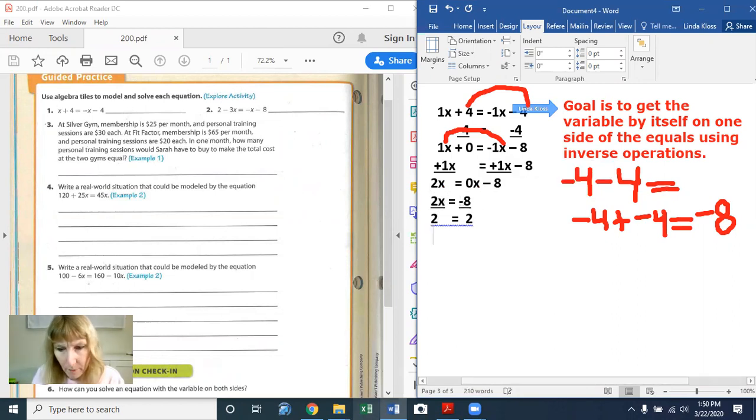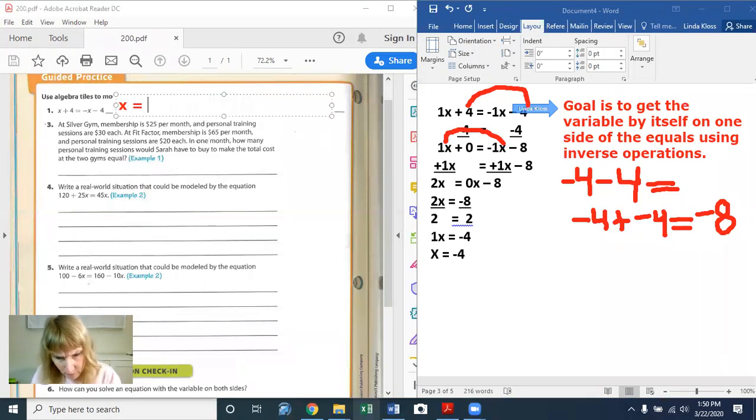So 2 divided by 2 is going to be 1x. And negative 8 divided by 2 is going to be negative 4. Drop the 1 in front of the x, and I'm left with x equaling negative 4. So that is the answer to the first one. X equals negative 4.